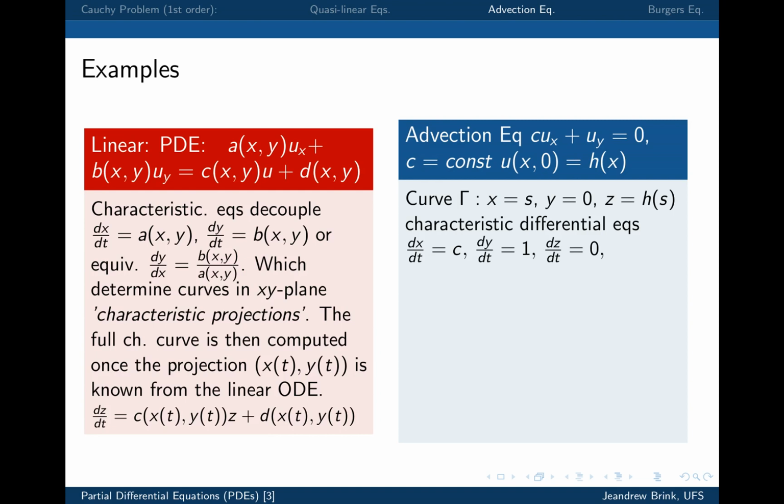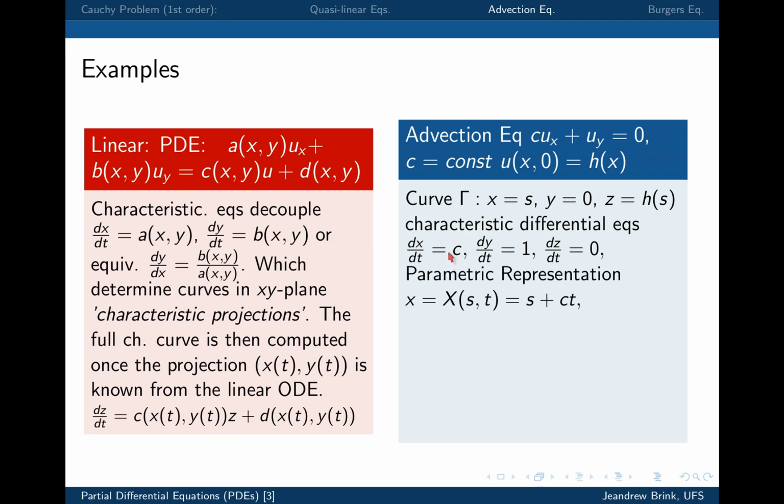And so to find the surface, we actually have to solve this differential equation with that initial condition, and this differential equation with that initial condition, and this differential equation with that initial condition. So if you look at this, you can immediately see that solving this, we have x of t is equal to some constant.